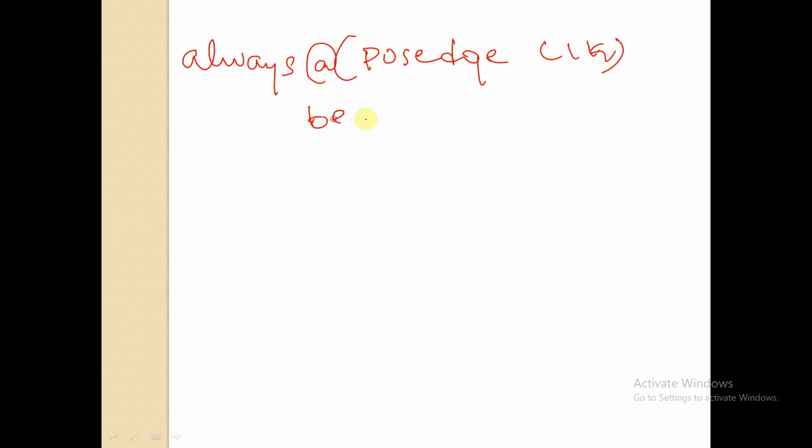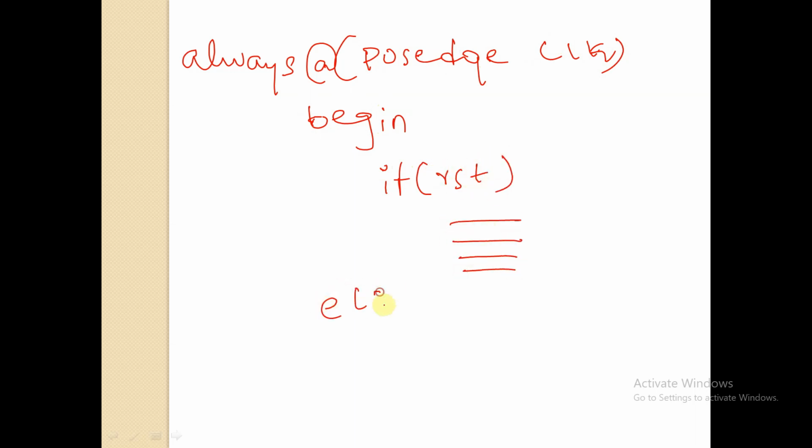So I'm using an always block, and I've written some statements. Always at the posedge of clock begin, if reset, some statements will get executed, or else some other set of statements will be executed, and then end.